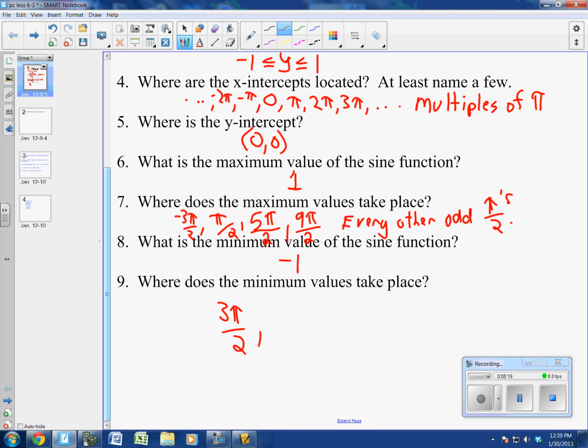Well, 3 is not even. It's every other odd pi half starting at 3 pi halves. Okay, so 7 pi halves, 11 pi halves. And if we go in this direction, it's going to be negative pi halves, right? Negative 5 pi halves. What?